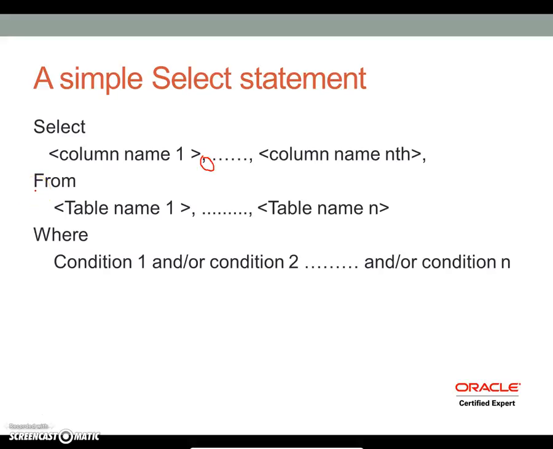Followed by the column names, you have from and then the table. You can have more than one table in the select statement, and they should also be separated by commas, followed by a condition. This is the where clause and the condition detail.